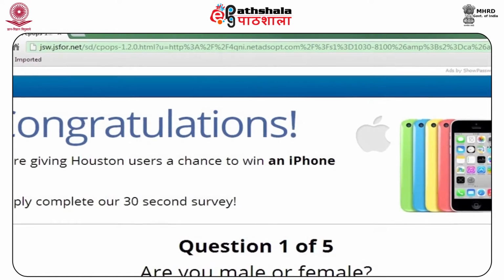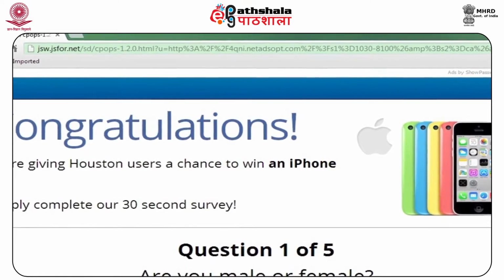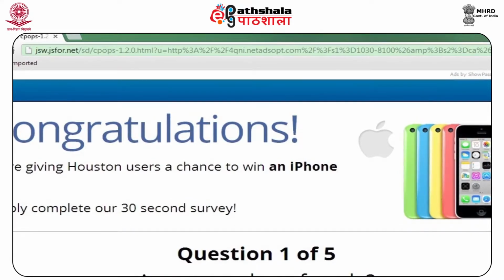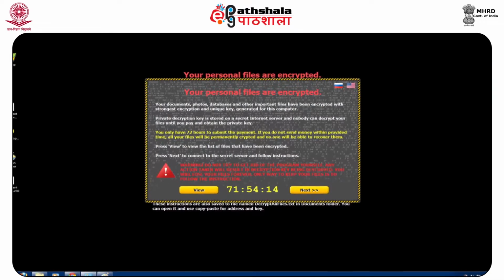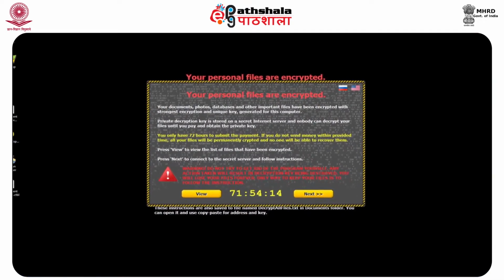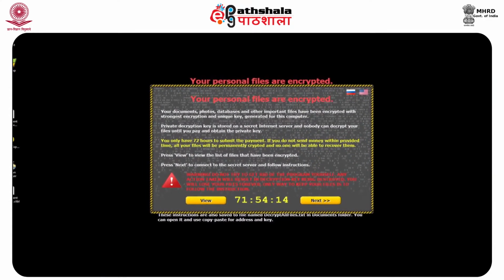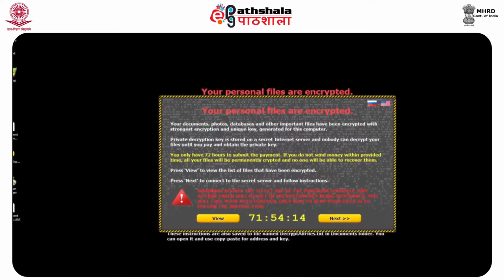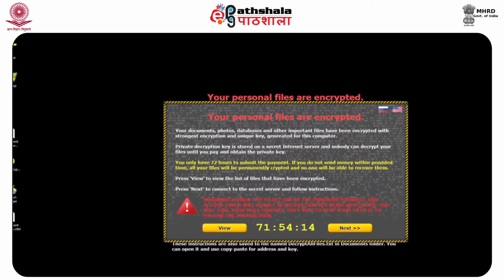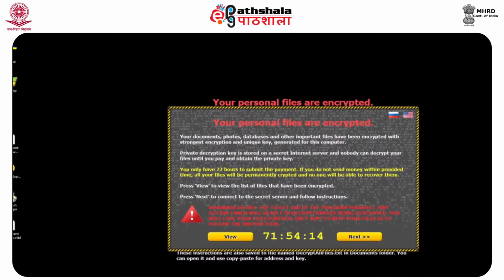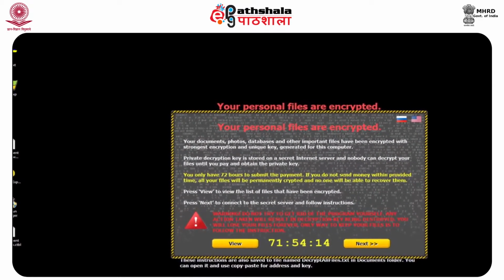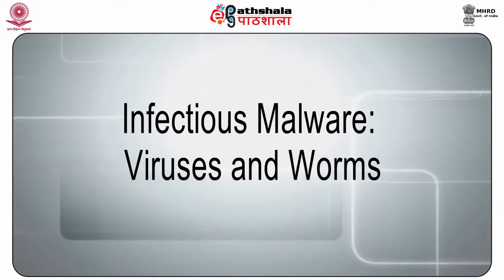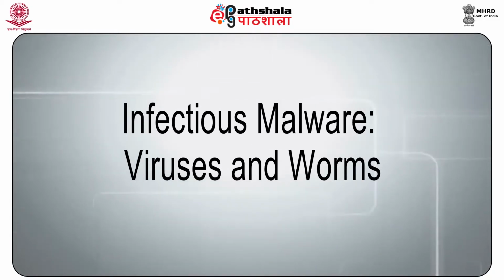They can also be bundled together with user-installed software such as peer-to-peer applications. Ransomware affects an infected computer in some way and asks for payment to reverse the damage. For example, programs such as CryptoLocker encrypt files strongly and only decrypt them in exchange for a significant amount of cash.